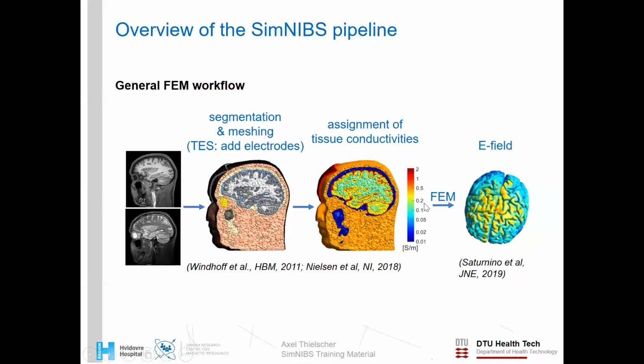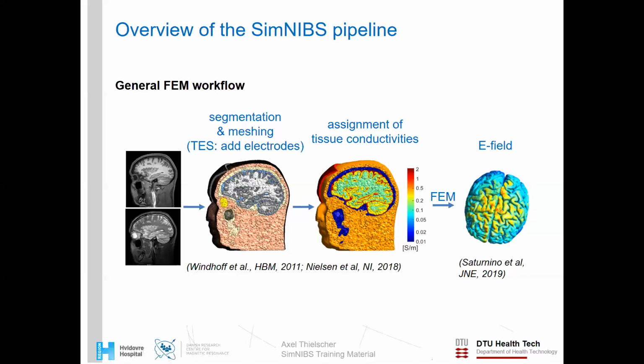We use the method called finite element method for solving the fields. There are other alternatives out there, like the boundary element method, in order to get to the result, which is shown here for one example. This would be your output, which you are most likely interested in, the electric field here on the brain surface.